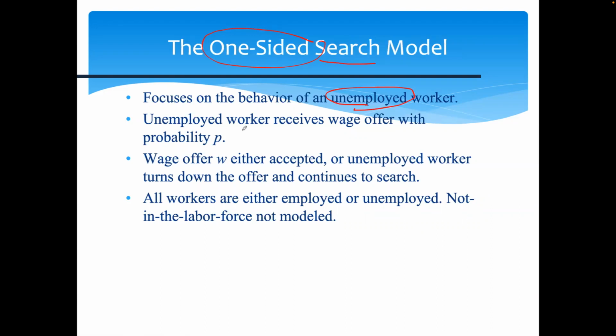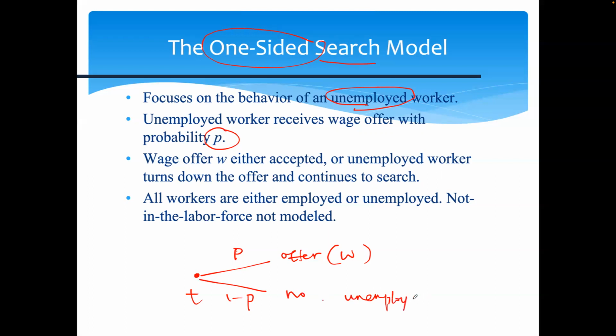The unemployed worker is going to receive a wage offer with probability P, meaning at the beginning of each period t, with probability P, they receive an offer. The offer has a wage of W. With probability 1 minus P, there is no offer, and they stay unemployed.